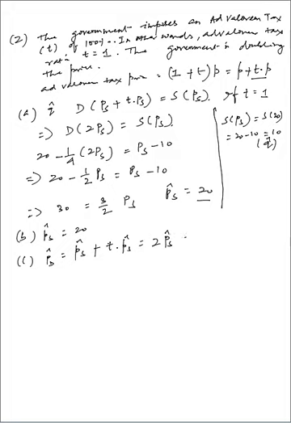Then D is, what will be the size of the tax? The size of the tax will be T, and you will be able to calculate PD minus PS, that is 20.